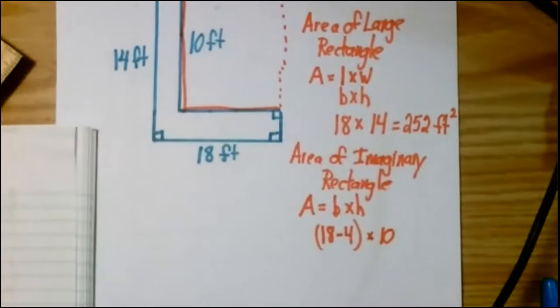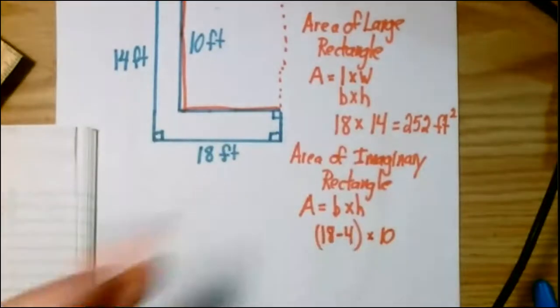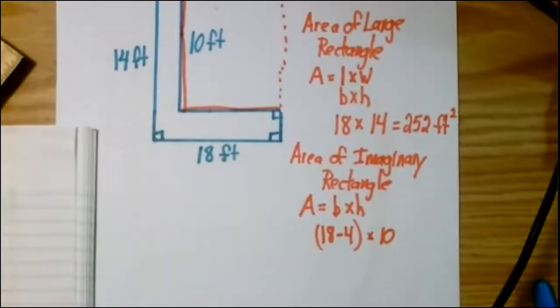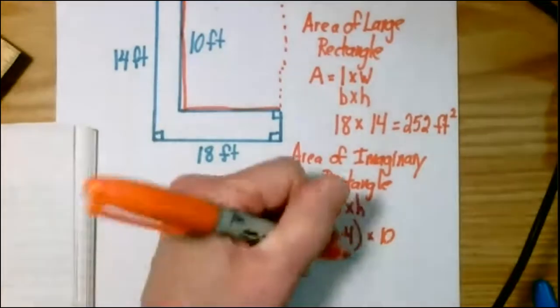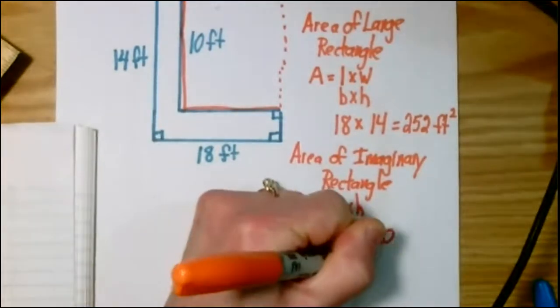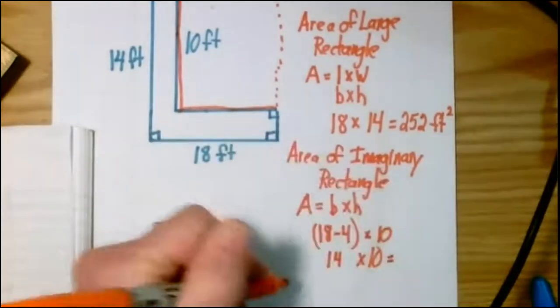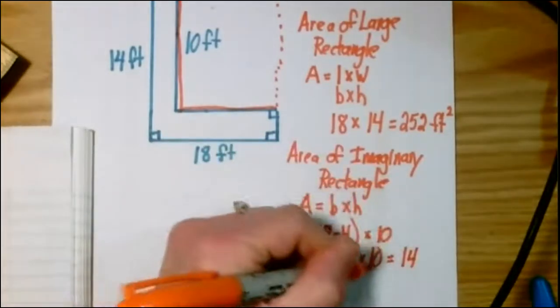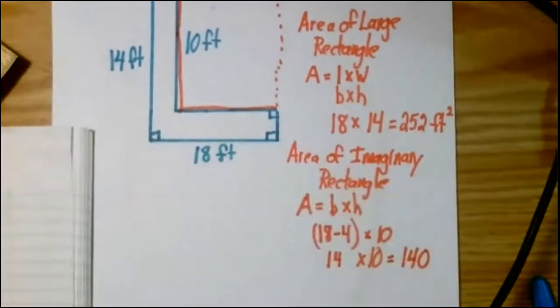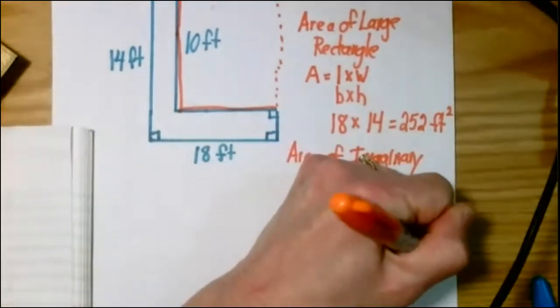So now we should be able to calculate that out. 18 minus 4, 17, 16, 15, 14. 14 times 10. Any number times 10 is just the number 14 with a 0 after it. So 140 feet squared.